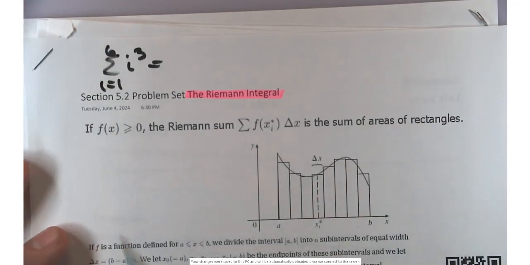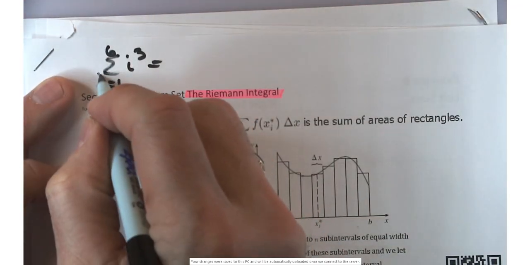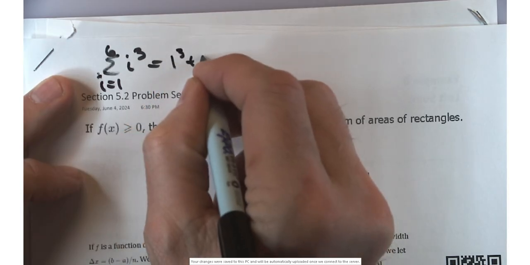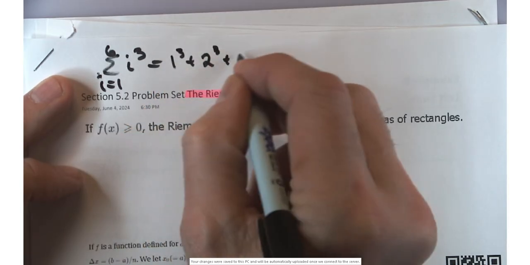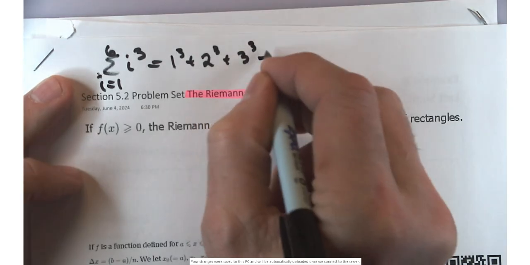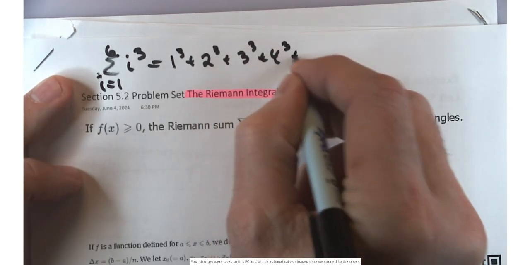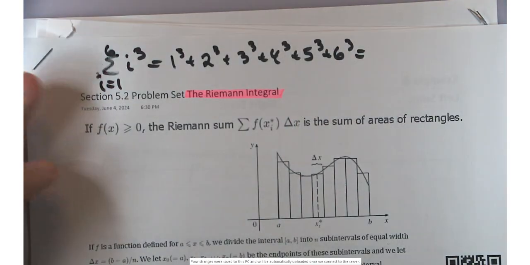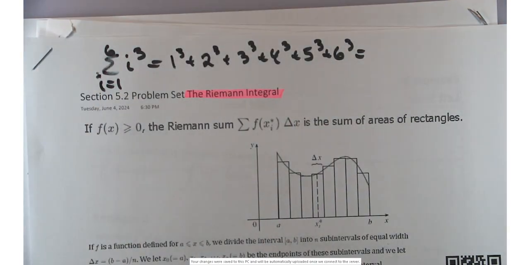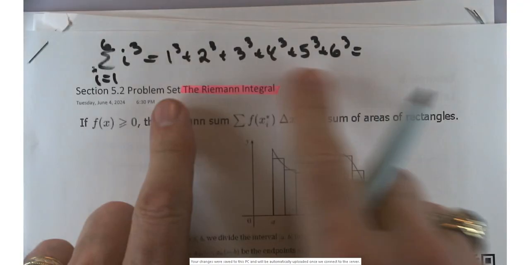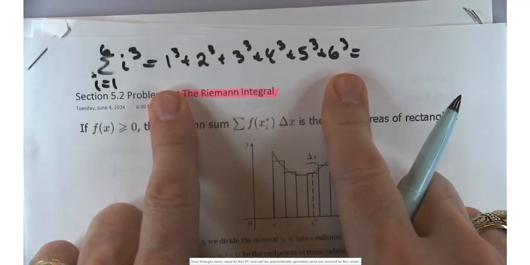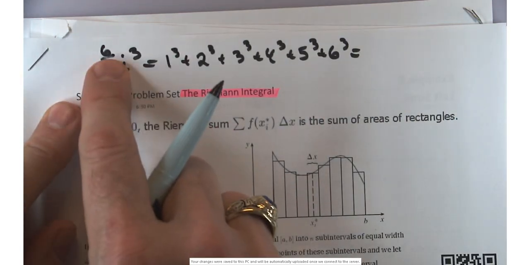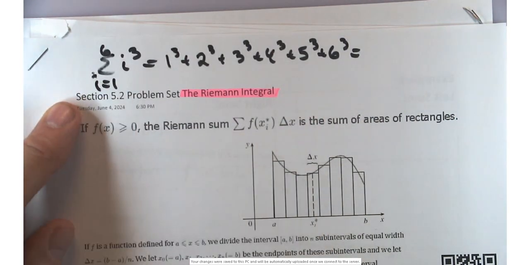What that would mean is you start with i equals 1 and cube it, and then add i equals 2 and cube it, and i equals 3, and i equals 4, i equals 5, and finally i equals 6, and add all that up. I'm not really concerned with exactly what that total is, but what I am interested in is you understanding this notation. This means a sum.